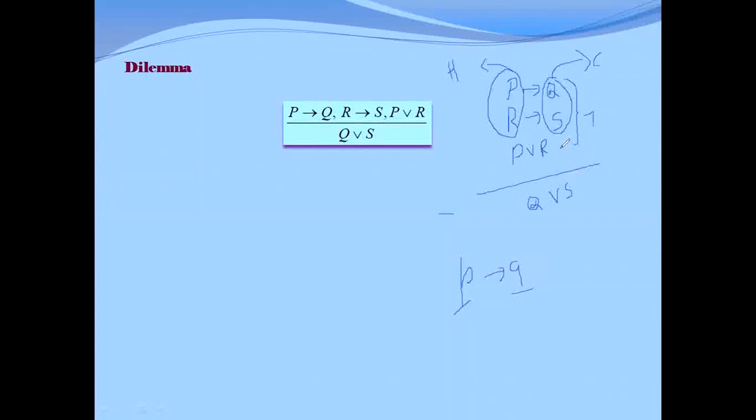So we can say if the disjunction of hypotheses of the given formulas is true, then the disjunction of their conclusions will also be true. Or simply, we can say if the left side is true, then the right side will be true. This is the concept of this dilemma.